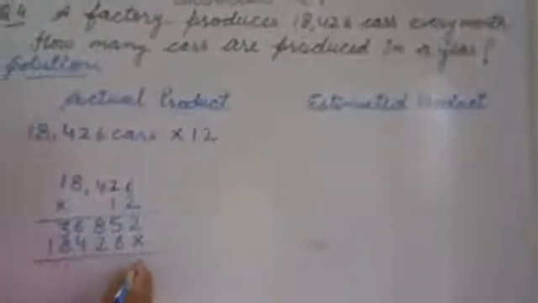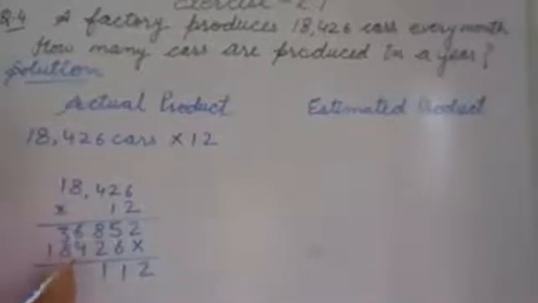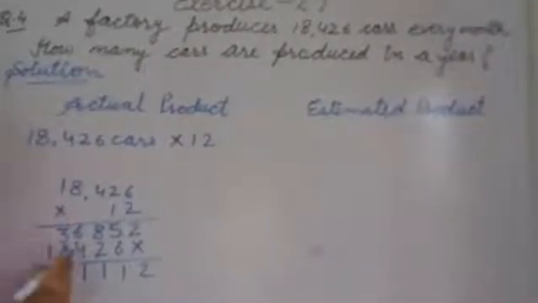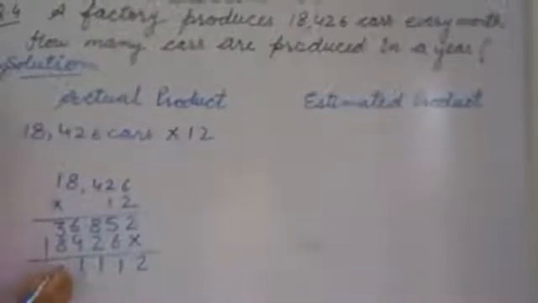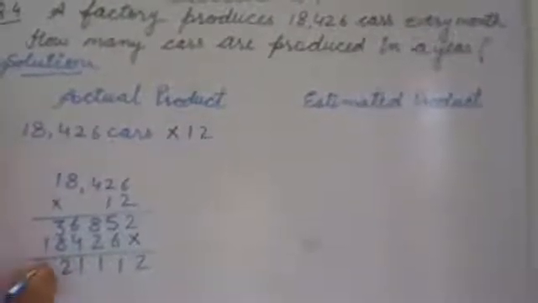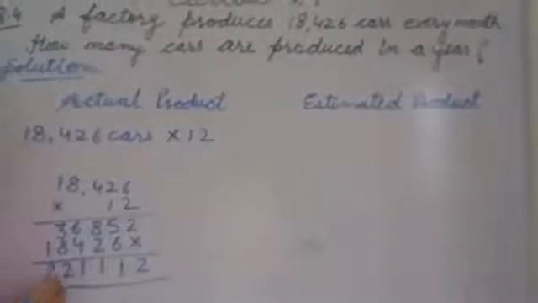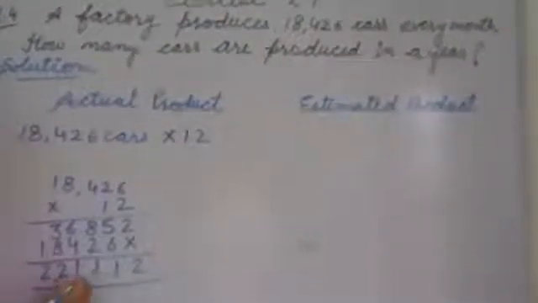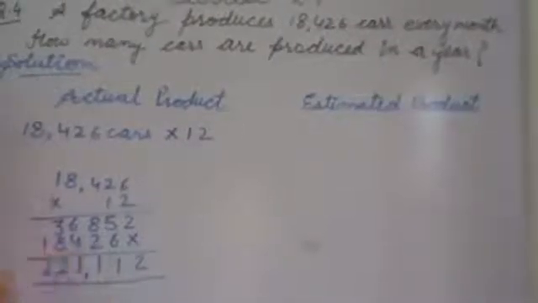Now we add them. 2, 1, 5 plus 6 is 11. 1 carry. 1 carry. 6 plus 4 is 10 and 1 is 11. 1 carry. 3 plus 1 is 4. 4 plus 8 is 12. 1 carry. 1 plus 1 is 2. So how many cars? 2,21,112 cars produced in the year.